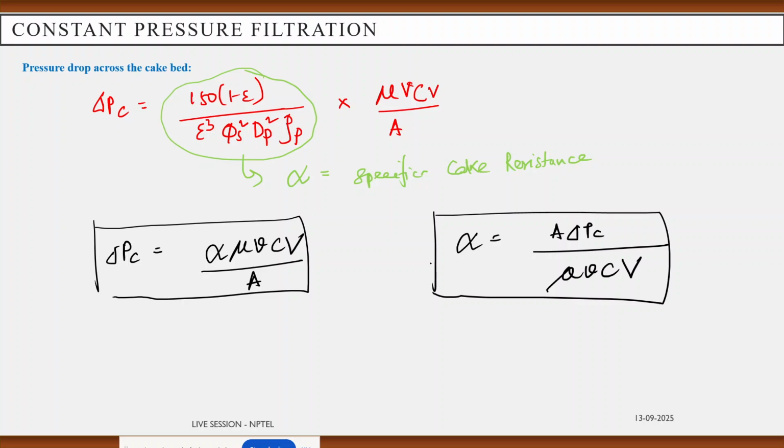So we have derived the expression for specific cake resistance. The unit for specific cake resistance is meter per kg.